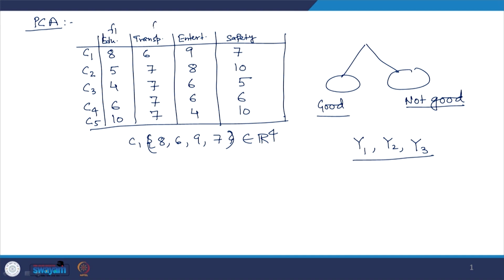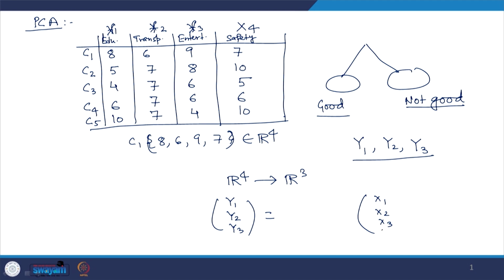Let us write X1, X2, X3, X4. I want to go from R4 to R3, meaning I want Y1, Y2, Y3 obtained from X1, X2, X3 and X4.